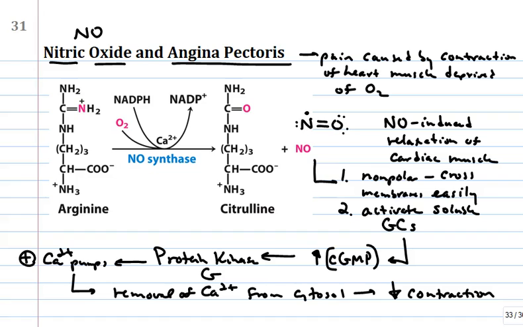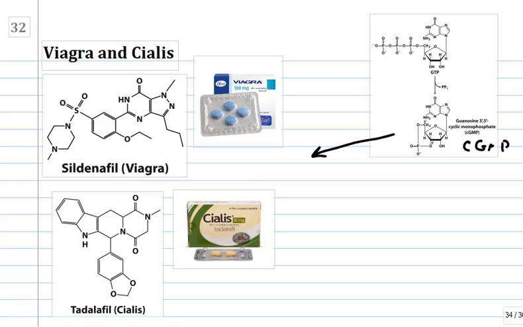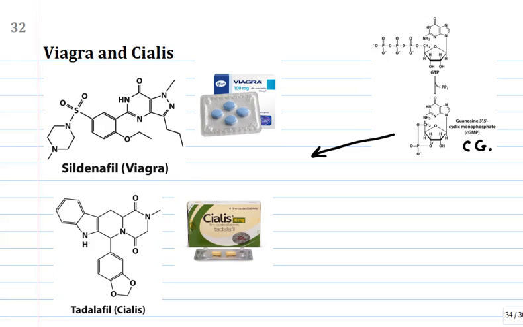Well, it turns out that cyclic GMP is also involved in something you may hear a lot about on TV, Viagra and Cialis, which are drugs for erectile dysfunction. And so what we know here is cyclic GMP. Now recall that cyclic AMP can be broken down by a whole family of phosphodiesterases.